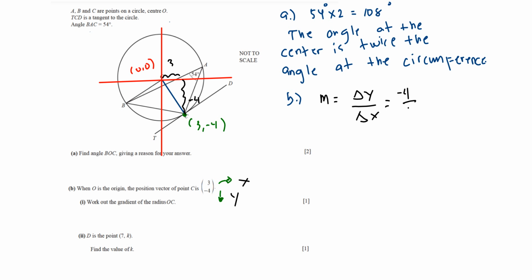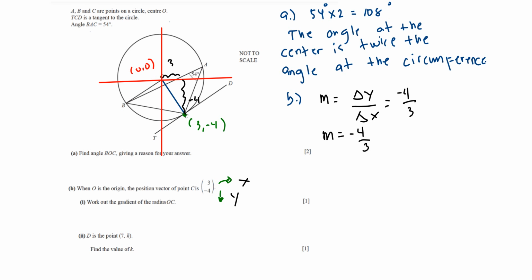So the gradient will be negative 4 over 3, m equals negative 4/3. You can also use the formula y2 minus y1 over x2 minus x1 using the origin and point C, and you will get the same result.